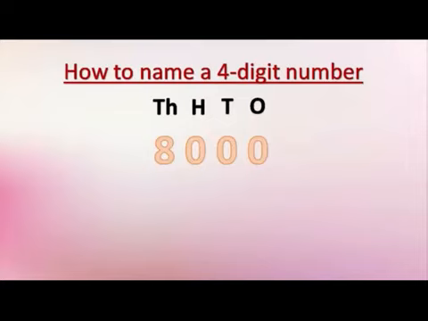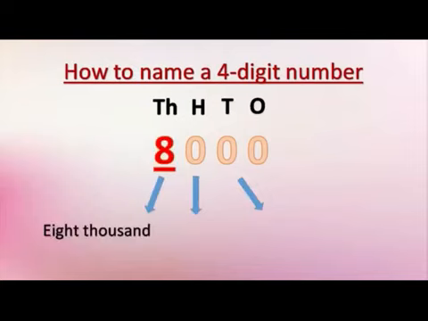Now what is the number name of this number? 8000. So there is 8 in the thousands place. So I have 8000. And what about the hundred place? 0 hundreds.